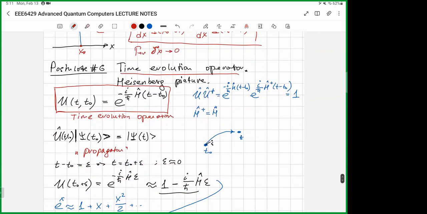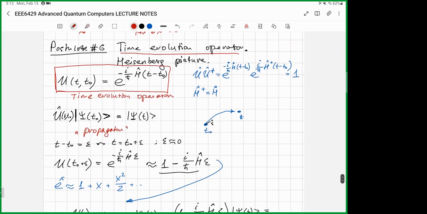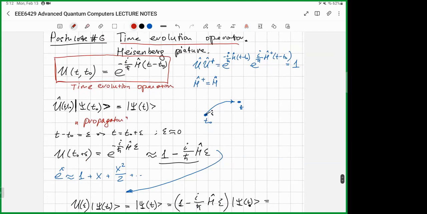Yeah, postulate number 6 tells us about the time evolution operator and the Heisenberg picture. So basically, we say that for the same system, instead of the Schrödinger equation, we can use this time evolution operator U, which tells us how the system evolves from the moment t0 to another moment t, where t is larger than t0.